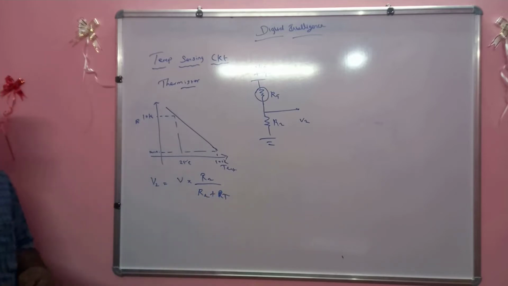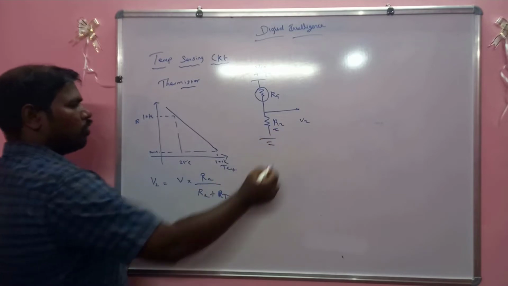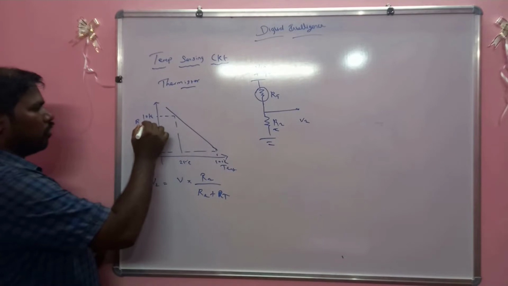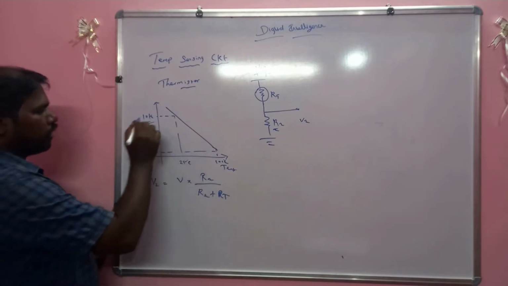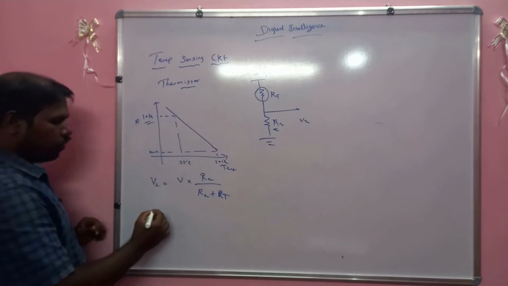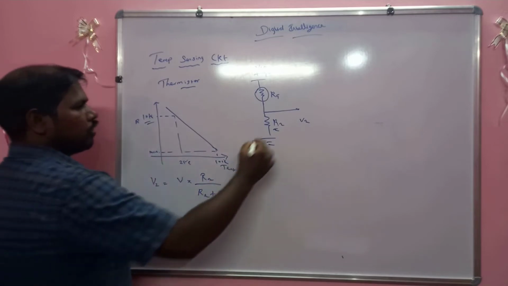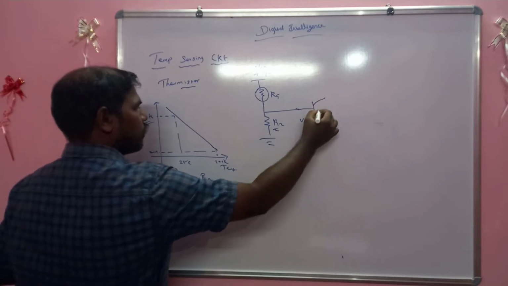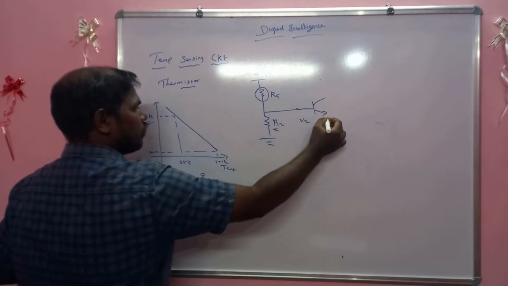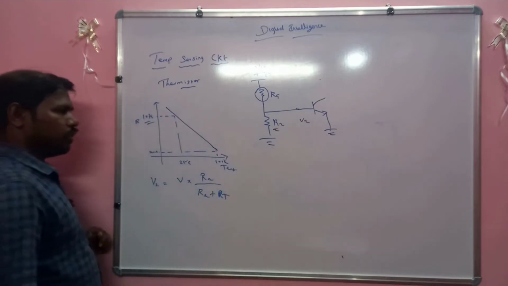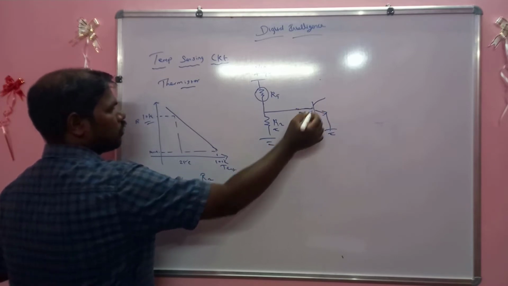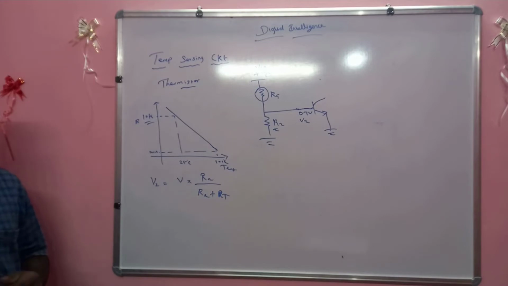First we need to know the minimum value and maximum value of R2. For the minimum value of R2, the thermistor resistance is 10K. We need to connect a switching device, like a BC547 transistor. We already know that greater than 0.7 volts, the switch is on, and less than 0.7 volts, the switch is off.